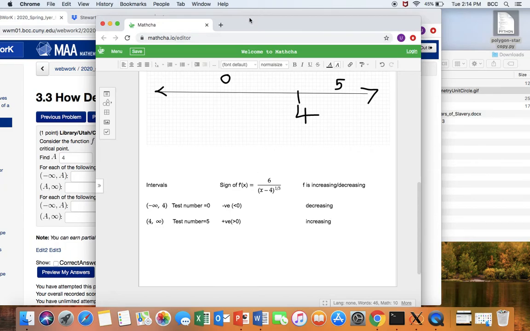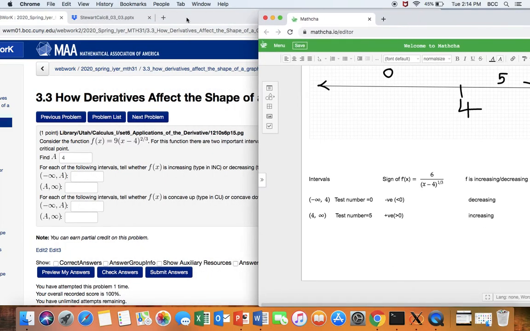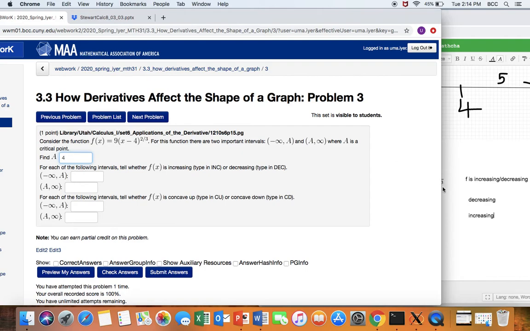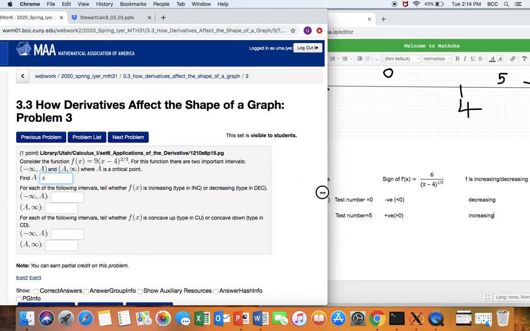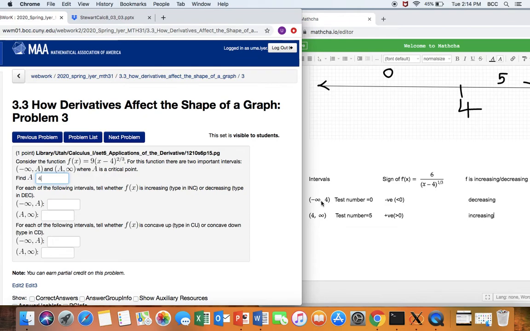So this is what we have. Negative infinity to 4 is my first interval. I am decreasing. They want you to write DEC for decreasing. And 4 to infinity is increasing.